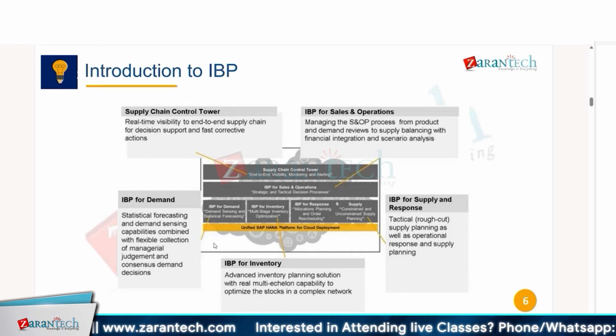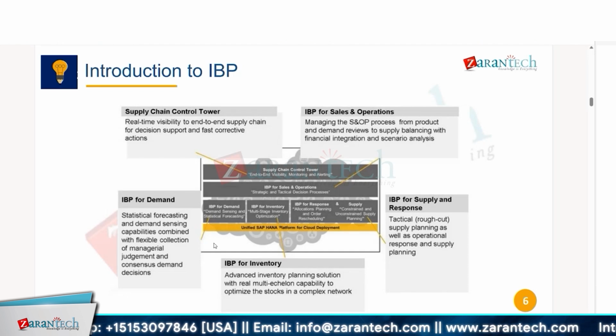So this is a very, very healthy discussion between the demand planner and the sales team. At the end of this review, a consensus forecast, the agreed forecast between sales and demand planner, is finalized. If there is no consensus between sales and demand planner, then this process will not work.